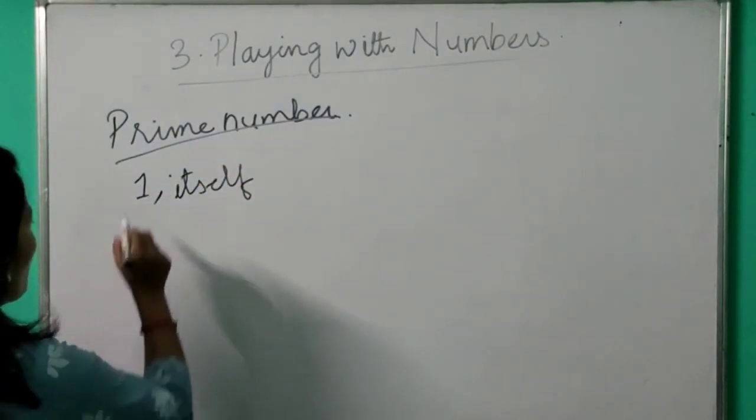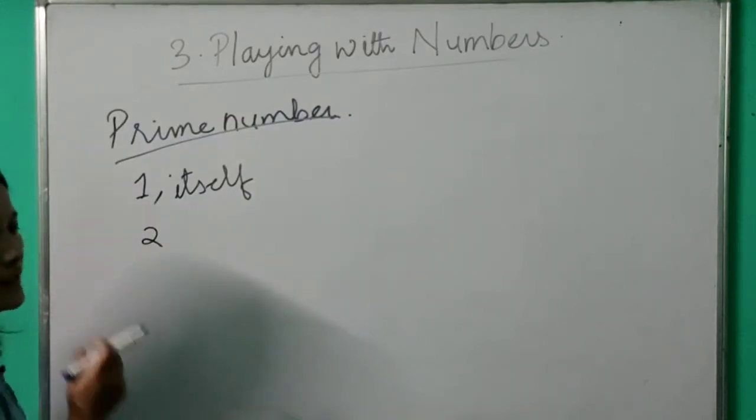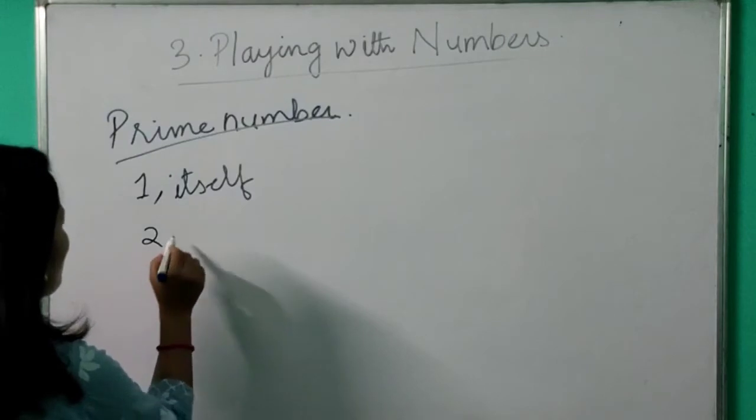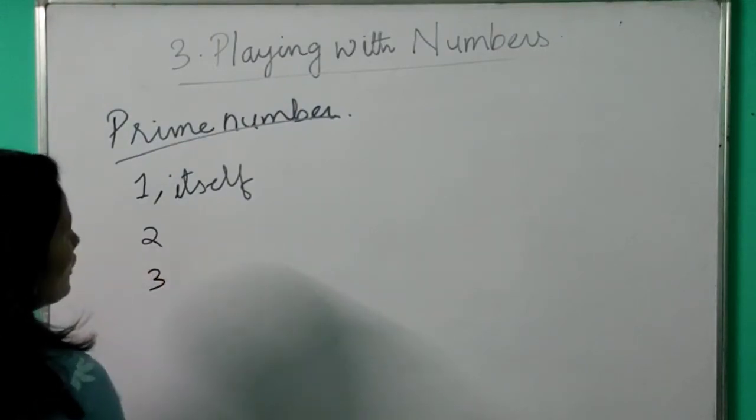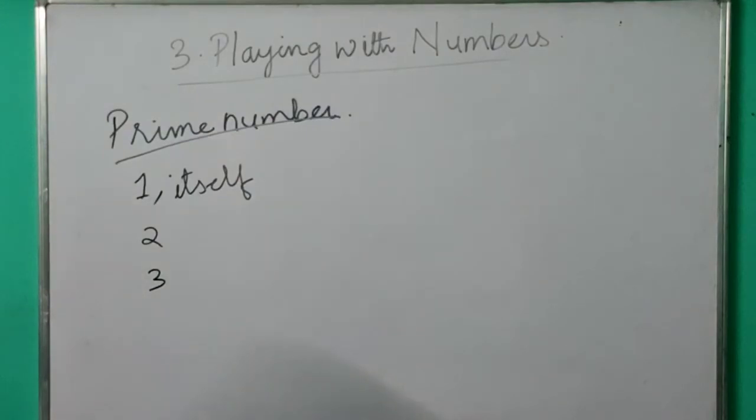So starting from 1, 1 is also a prime number, 2 is also a prime number, 2 is divided completely by 1 and by 2 itself. 3 is also a prime number because 3 is divided completely by 1 and 3 itself. There is no other number which can completely divide 3. So that's referred to as your prime number.